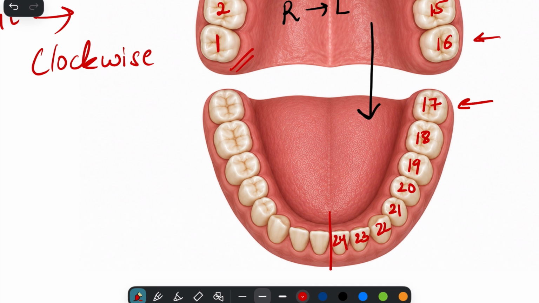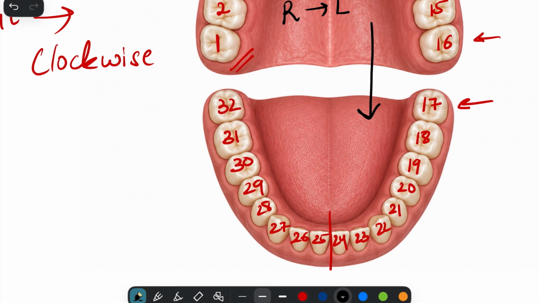We have the right side central incisor 25, lateral 26, canine 27, first premolar 28, second premolar 29, first molar 30, second molar 31, third molar 32.